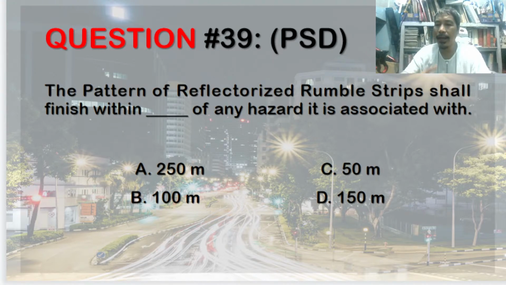We are putting on the rumble strip in order to alert the driver. By alerting the driver, it would reduce the amount of accidents. If the driver is so alert, the accident may not happen.